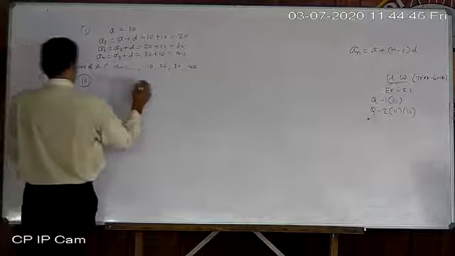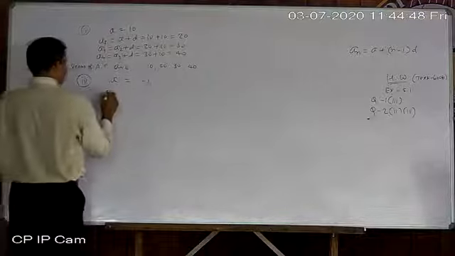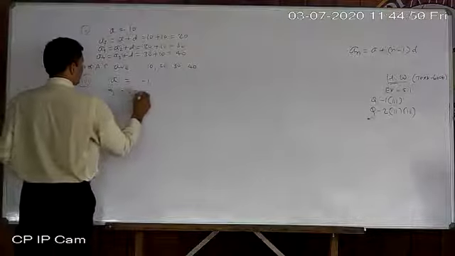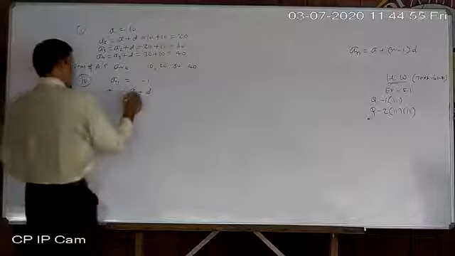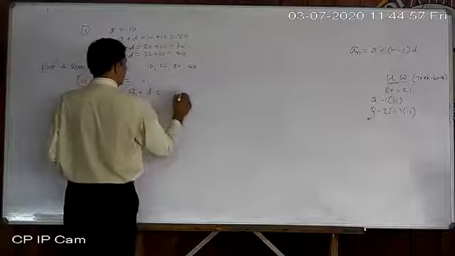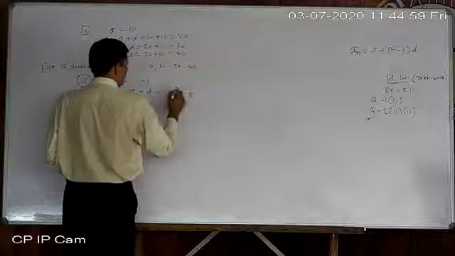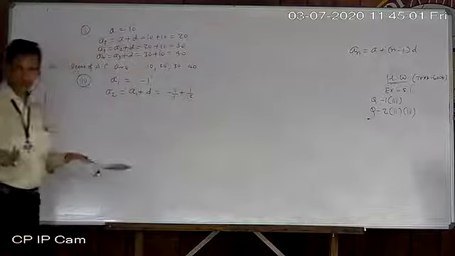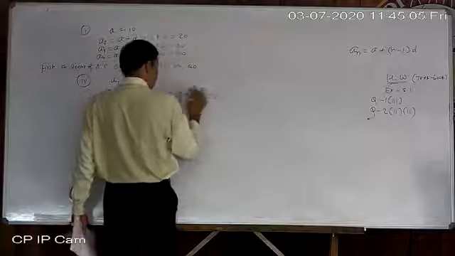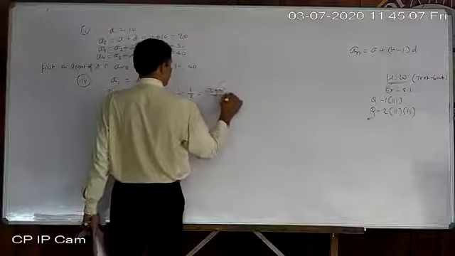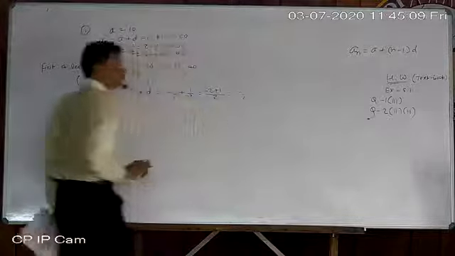So A is minus 1. A2 equal to A plus D. Here you can write A1 also, not wrong. So A1 plus D is minus 1 plus 1 by 2. You know, minus 1 plus 1 by 2 means what? Cross multiply. So minus 2 plus 1 over 2, minus 2 plus 1 means minus 1 by 2.